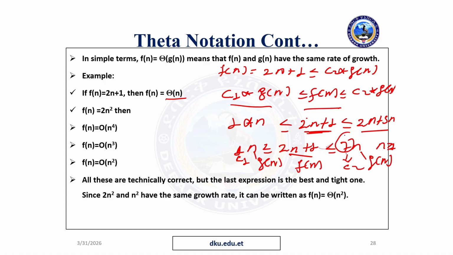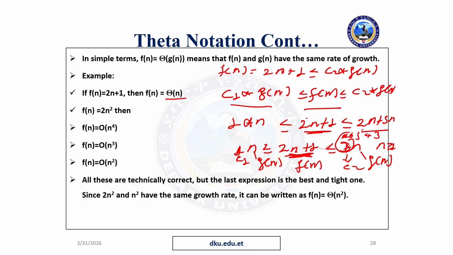When we replace the value of c2 with 6, it is true. When we replace it with 5, it is true. And when we replace it with 4, it's also true. When we replace it with 3, it's also true, as it is greater than this function.